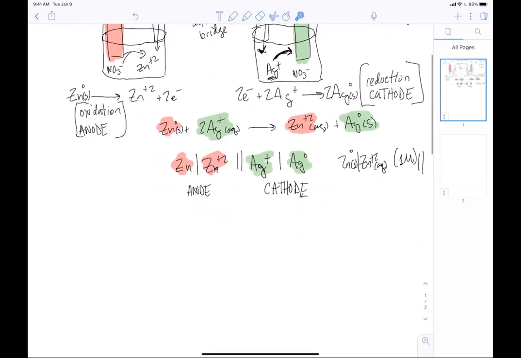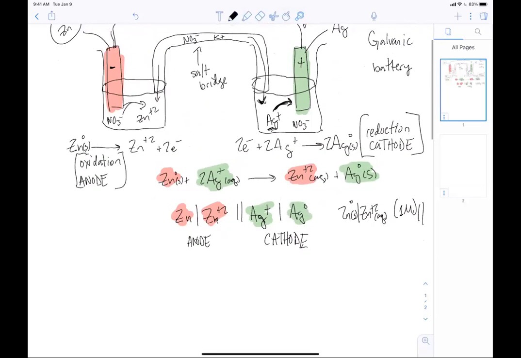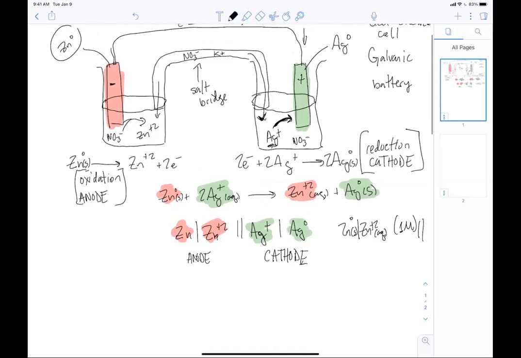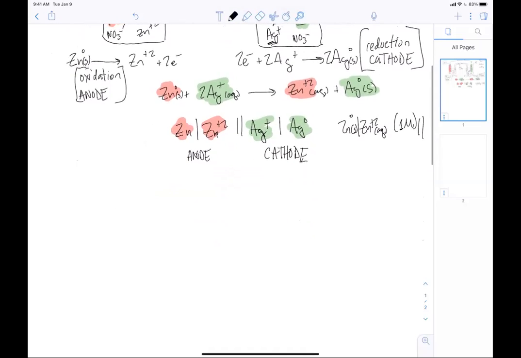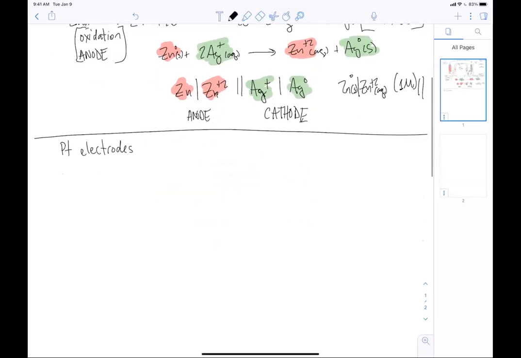But we've seen reactions where you don't have anything that's a solid. So for example, let's say instead of zinc, you were doing a reaction like this. So this is getting into platinum electrodes. Usually it's platinum, yeah.